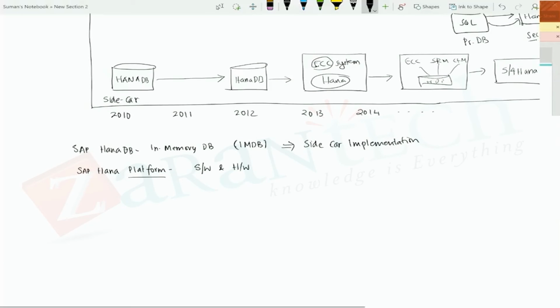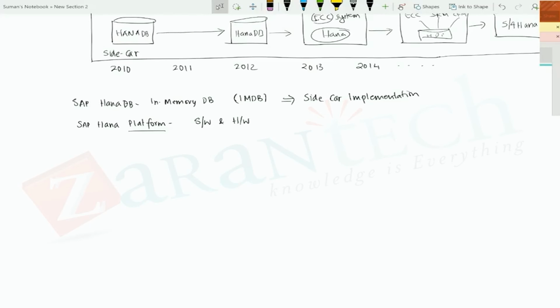So let me give you a perspective of what I'm talking about. Traditionally, when you look at SAP's product, be it your traditional SAP ERP, be it your SAP BW system, CRM, SRM, and so on and so forth, what used to happen is SAP was only focused on the application layer, and I will explain what that means.